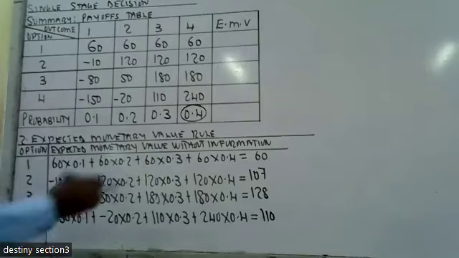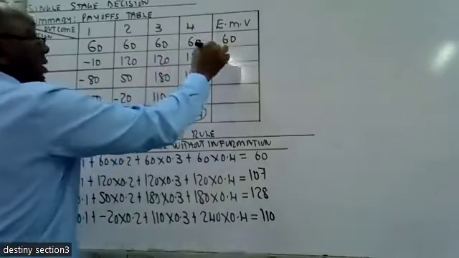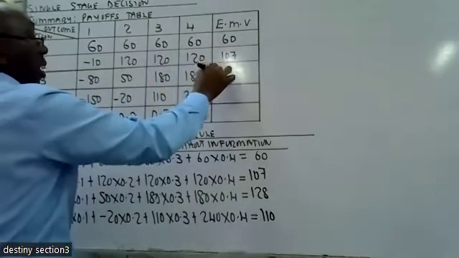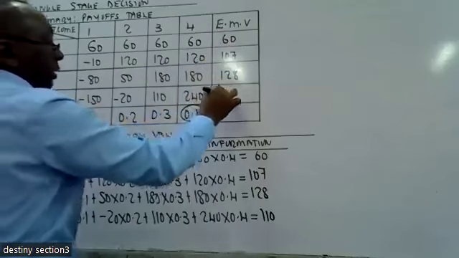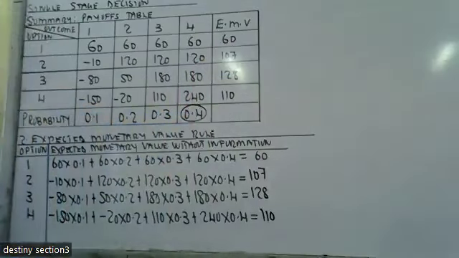So with that, first of all, write these values here. This is 60, 107, 128, and 110. So the advice.